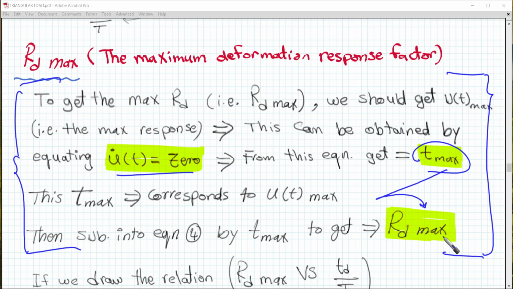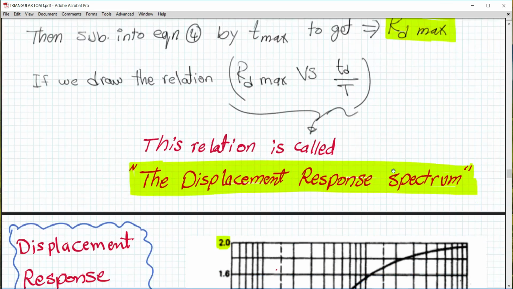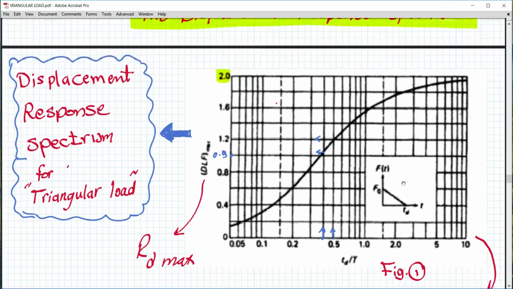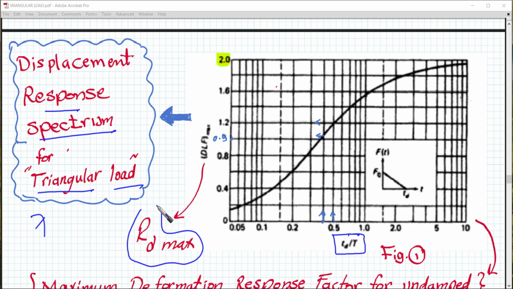So they found that for each specific loading type, we can find this easily by drawing it. For example, we can draw the displacement response spectrum for triangular loading by putting td over t on the horizontal axis, and on the vertical axis we put rd maximum.